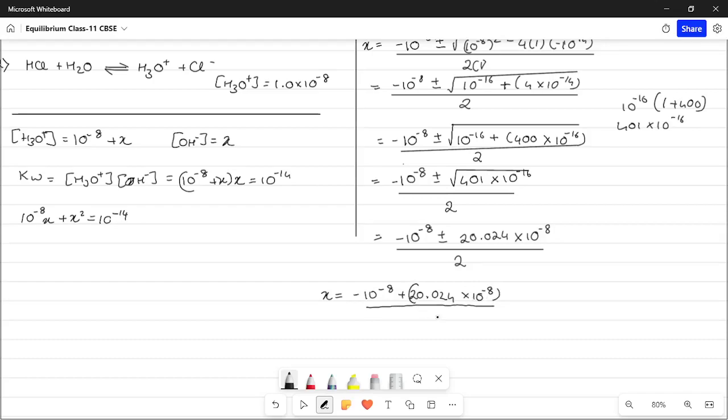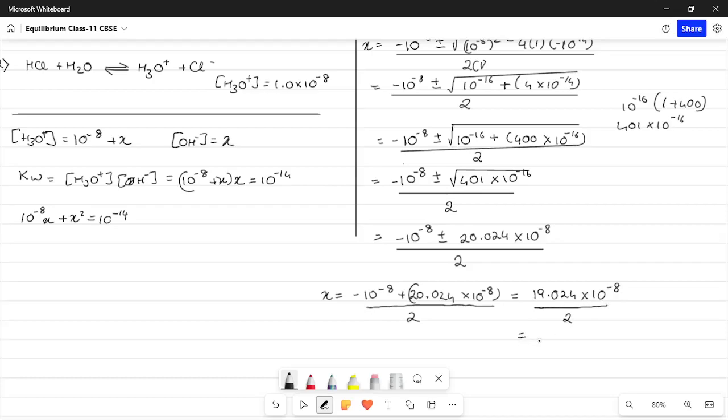I guess we should probably put brackets, divided by 2. First we add 20.024, subtracting, and then you get 19.024 into 10 to the power minus 8 whole divided by 2.